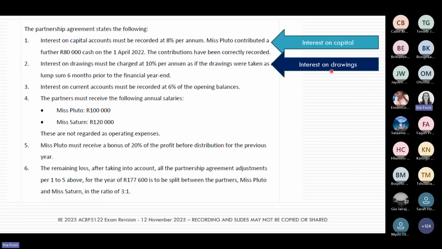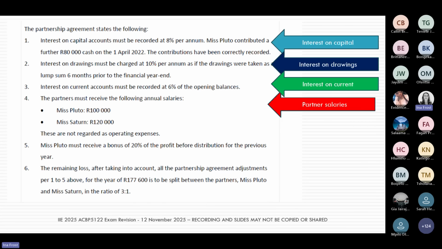There's also now interest on drawings. So when the partners take money out of the business, they've got to pay interest on the money they're taking out of the partnership. Even the current account itself also carries interest. Then there is a special salary that can get paid to the partners. That will go into the current account.